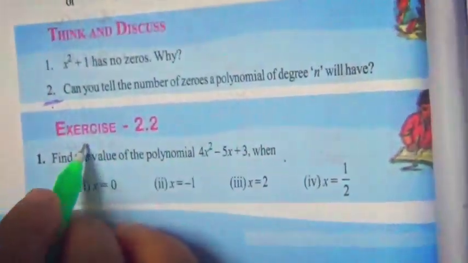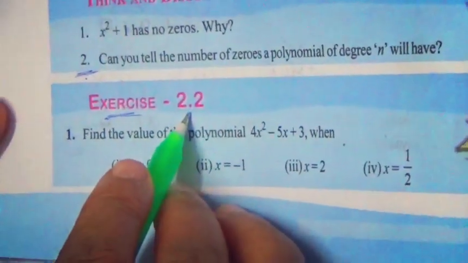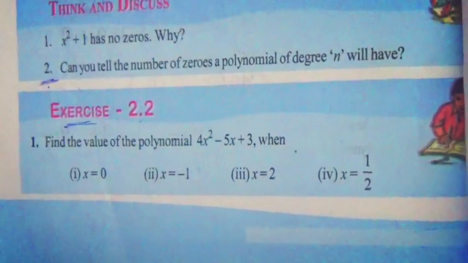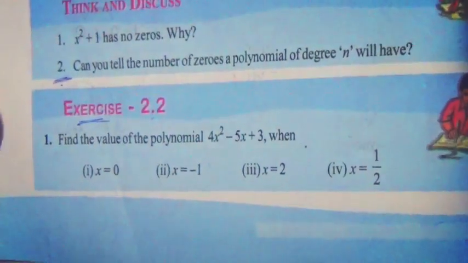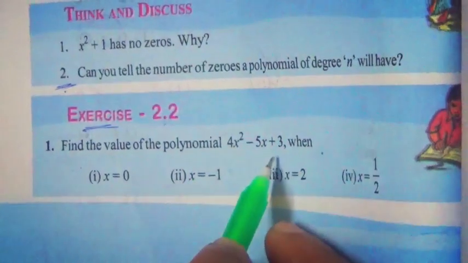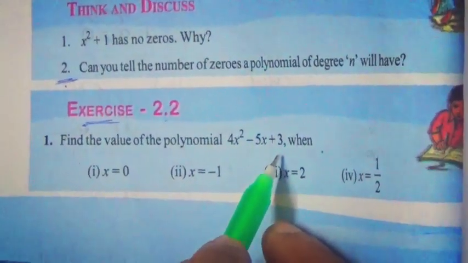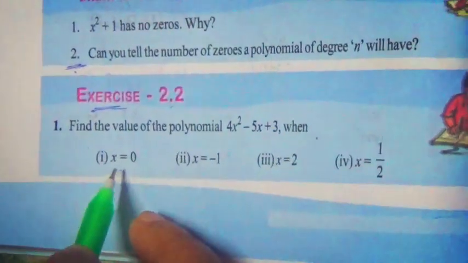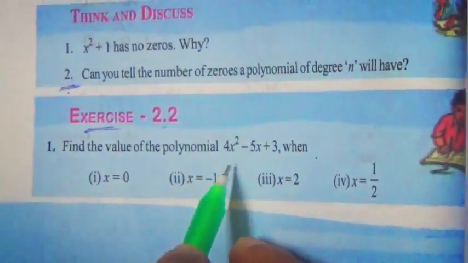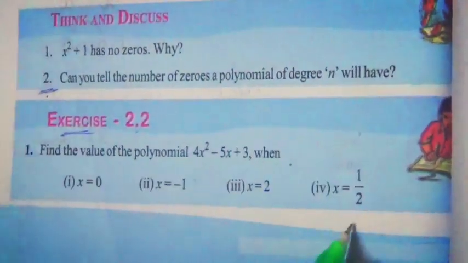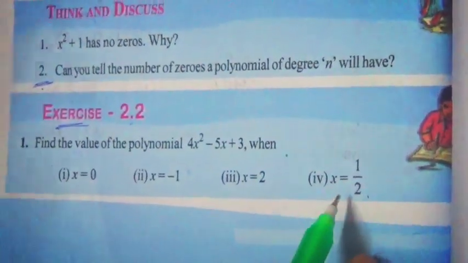So now after finishing this think and discuss, we have Exercise 2.2 in page number 36. In the first Roman numeral we have, look here, find the value of the polynomial when x is equal to 0, then x is equal to minus 1, then x is equal to 2, then x is equal to minus 1 by 2, that is 1 by 2.